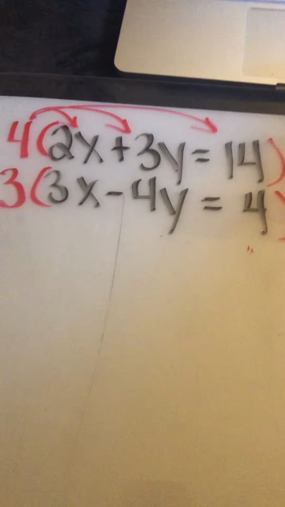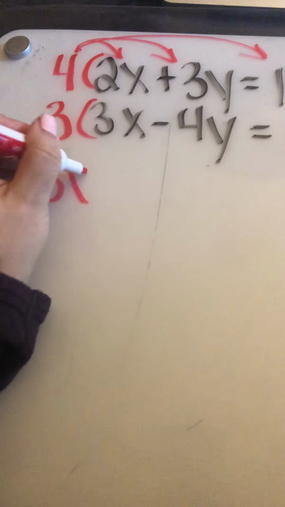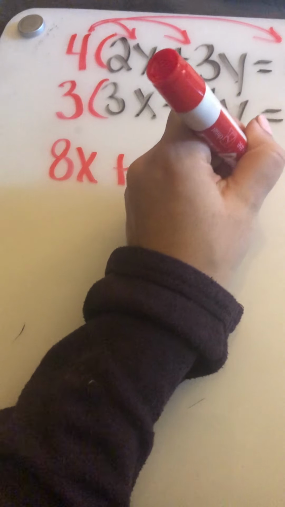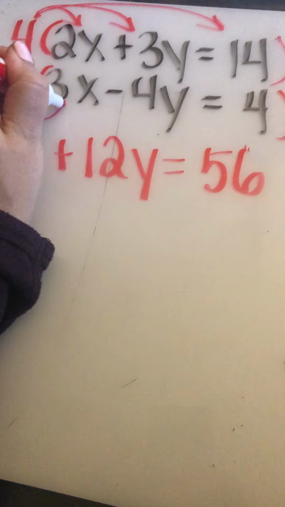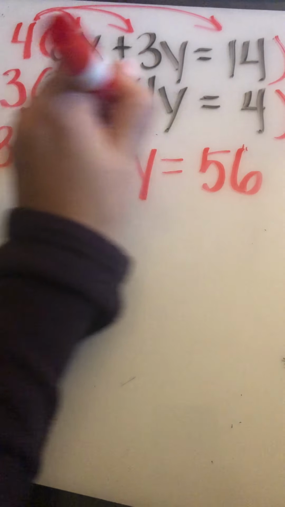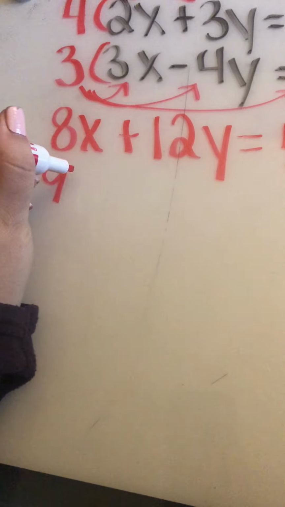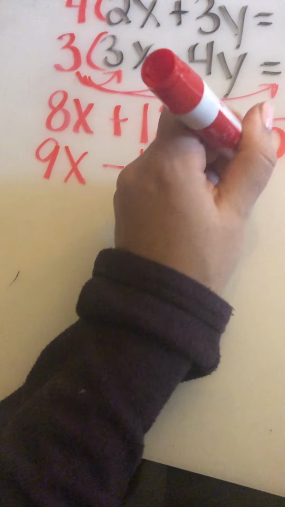All right, so that's going to be our top equation. So we would get 8x plus 12y equals 56. And then we would distribute our bottom equation. Okay, and we would get 9x minus 12y equals 12.